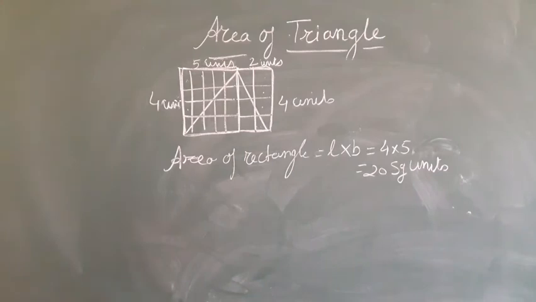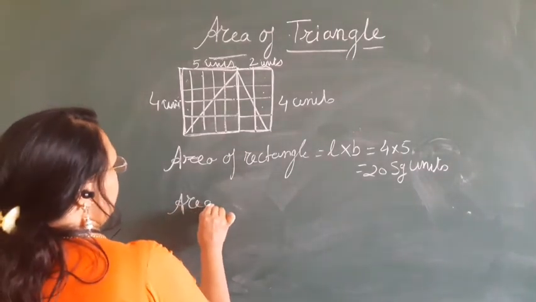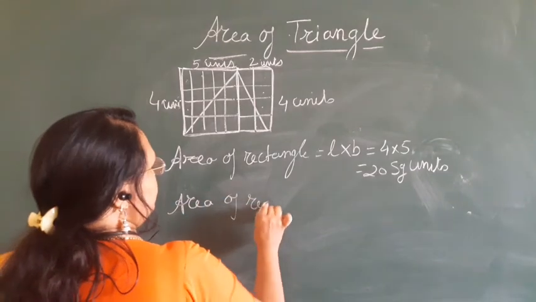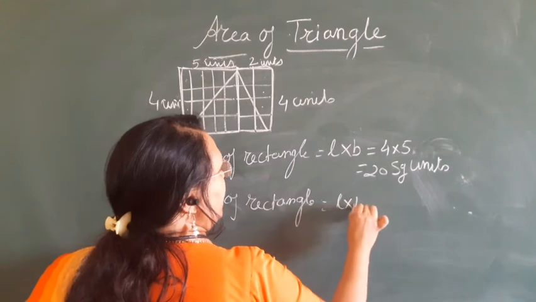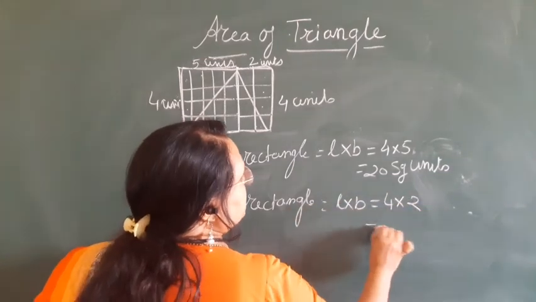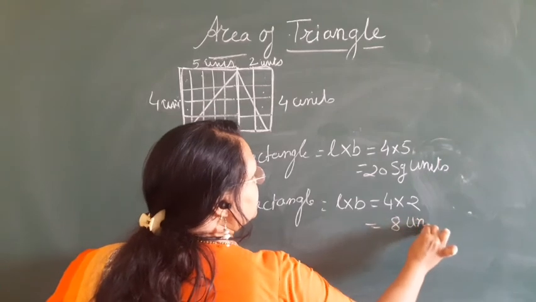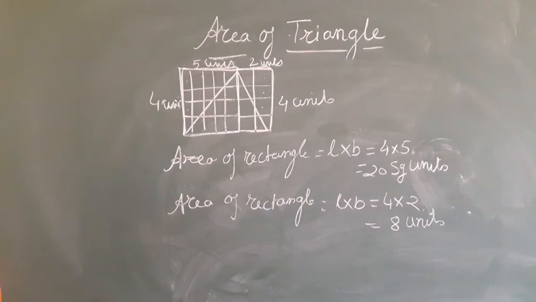So this says the area of the second rectangle is again length multiplied by breadth. So 4 multiplied by 2, it is 8 units. The second is given as 8 units.